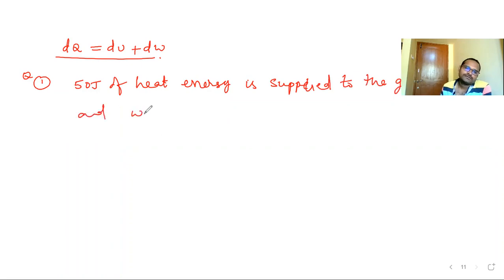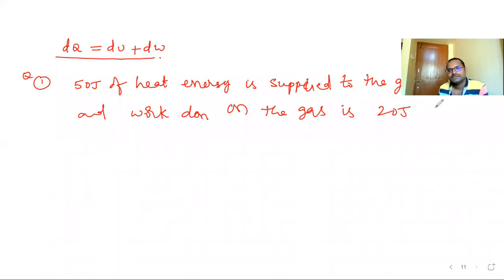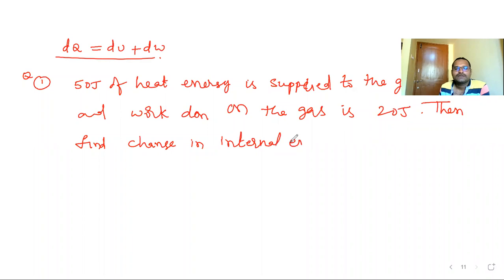Then work done on the gas is 20 joules. Then find the change in internal energy of the gas. Can you find this answer?